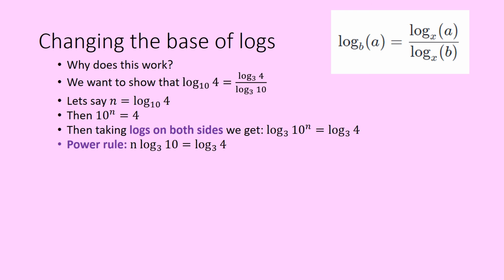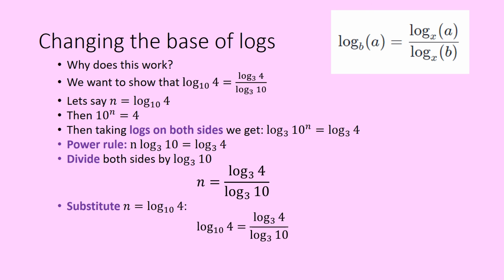The next step is dividing both sides by log base 3 of 10. If we do that, we get n on the left-hand side, and on the right-hand side we get log base 3 of 4 divided by log base 3 of 10.